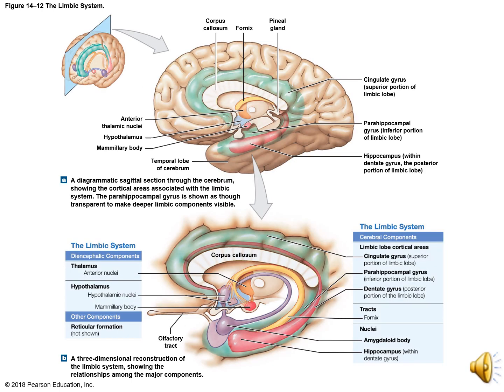The limbic system is considered your emotional brain. This is going to include nuclei and tracts along the border of the cerebrum and the diencephalon. It's considered a functional group, not an anatomical group, because all the parts are not closely related in space, but they have similar functions.